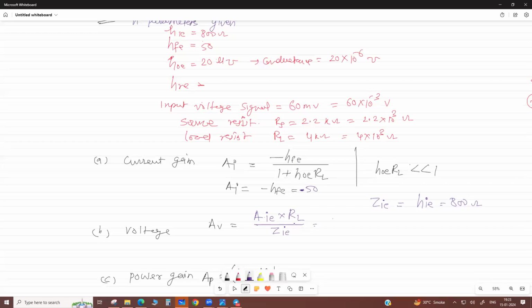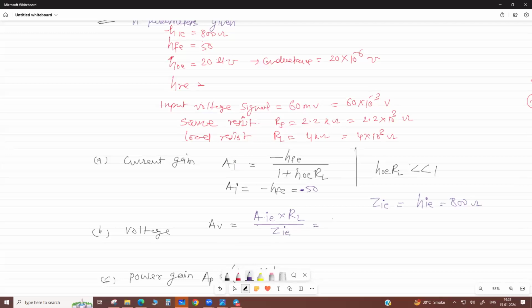You can put E for the current gain, voltage gain and input impedance in common emitter.